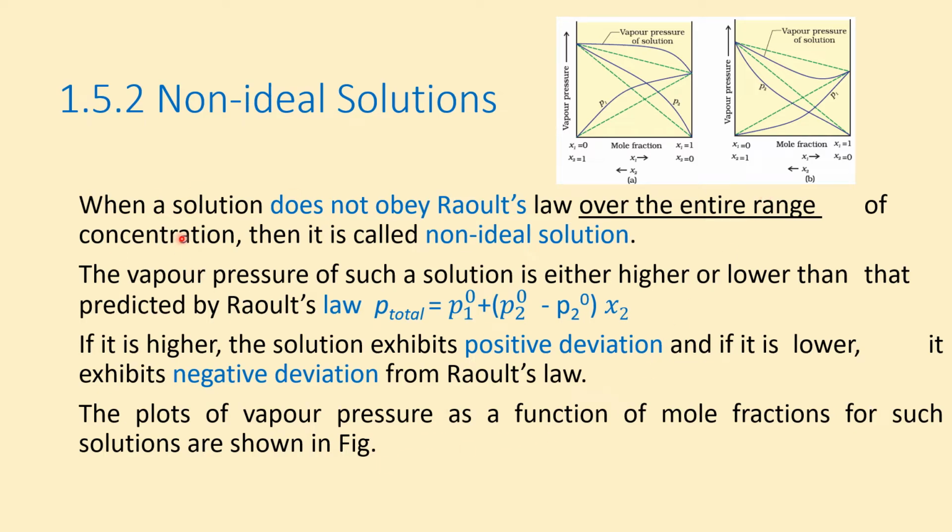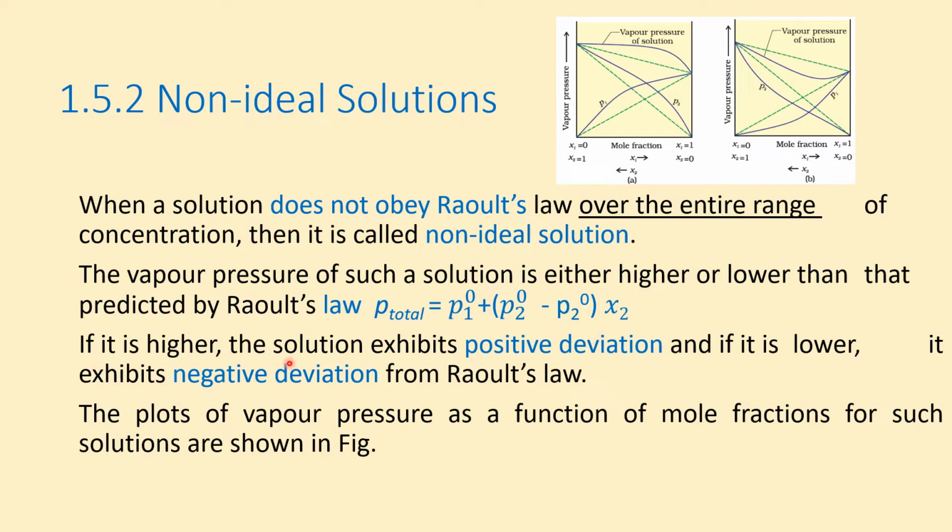So recapitulating, when a solution does not obey Raoult's law over the entire range of concentration, it is called a non-ideal solution. The vapor pressure of such a solution is either higher or lower than that predicted by Raoult's law. As per Raoult's law, the total pressure is equal to P1° plus (P2° minus P1°) into X2.